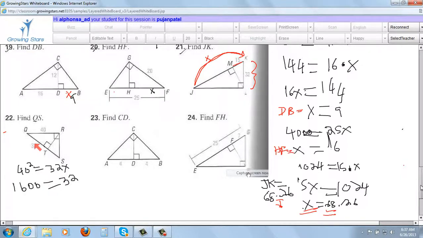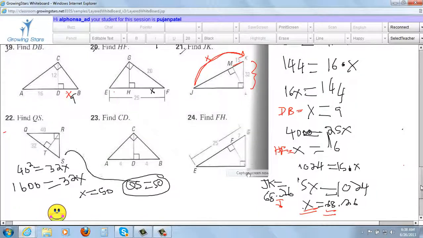So 1,600 divided by 32, 50. X equals 50. Correct. Doing very well. Again, don't leave it as x.